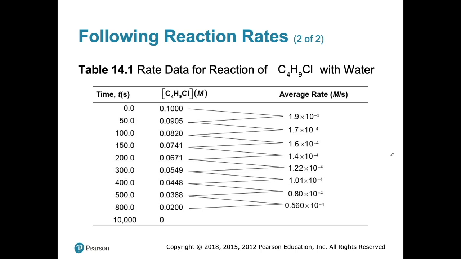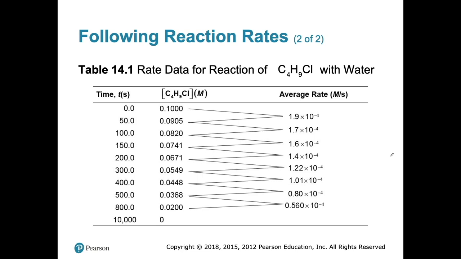And notice the units of this rate of reaction. It's not meters per second, is it? It's molar per second, right? So that's the change in concentration over time. Big M is always molarity. And what I want you to notice is that as time passes, the concentration of chlorobutane gets smaller.